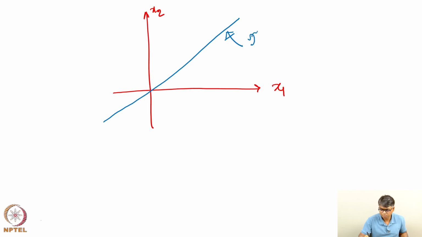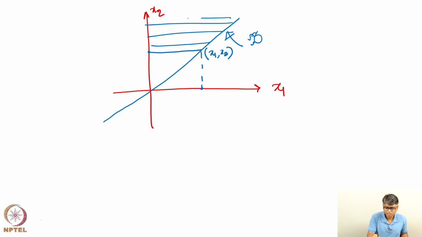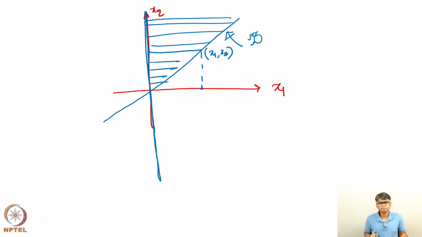Let me use the same symbol B. Now, notice for this, for every x2, there is a corresponding x1, so that together this x1, x2 is a solution on the line, which then means that if I project this along this other direction, then the projection actually fills up all of x2.